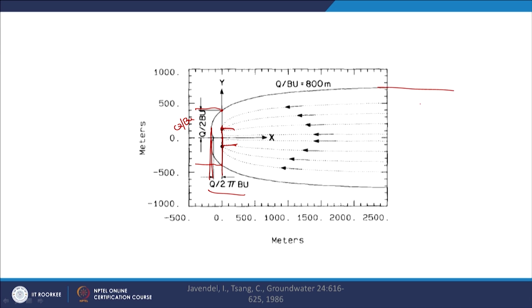We also have this particular width, the capture zone width. This is called the capture zone far downstream or upstream, depending on which context you are looking at. So, these are the 4 major aspects.